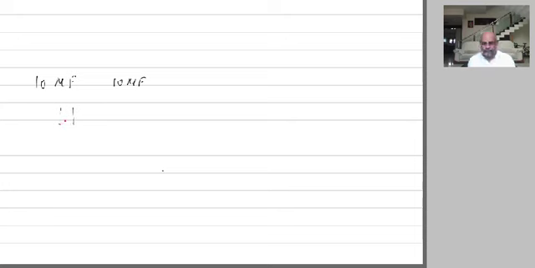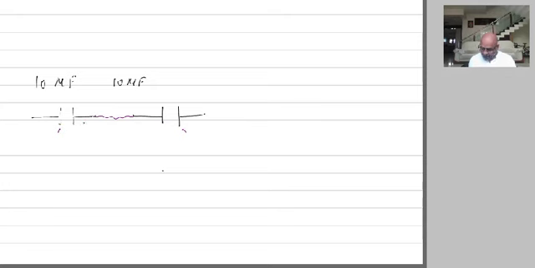Say this is one capacitor, and this is another capacitor. Now you can take a conducting wire and connect these two. When you connect these two capacitors, they behave as one single capacitor. Now this is one plate and this is the other plate, because these two have been joined together.